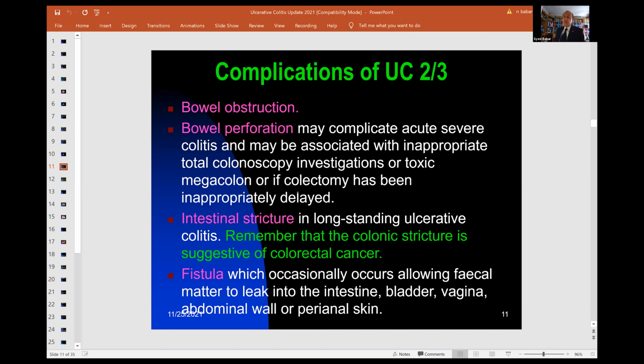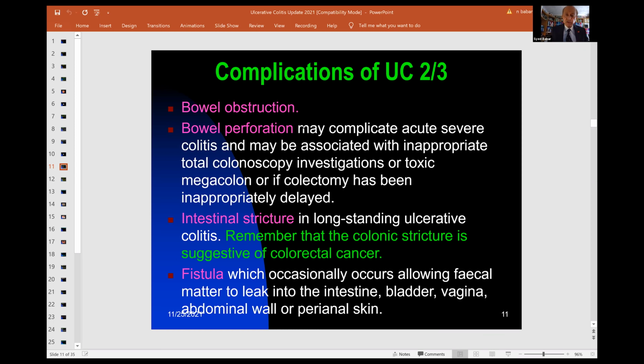And so, continuing with the complications, sometimes the inflammatory spectrum is extreme at one part of the affected colon, so much so that there is luminal obstruction, but it is usually not total, and wind and fluid can pass through usually, but it does occasionally, or rather rarely, cause obstruction.